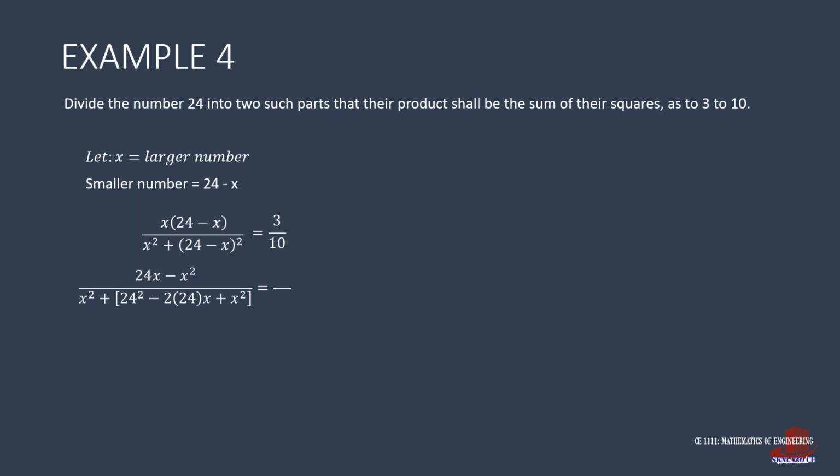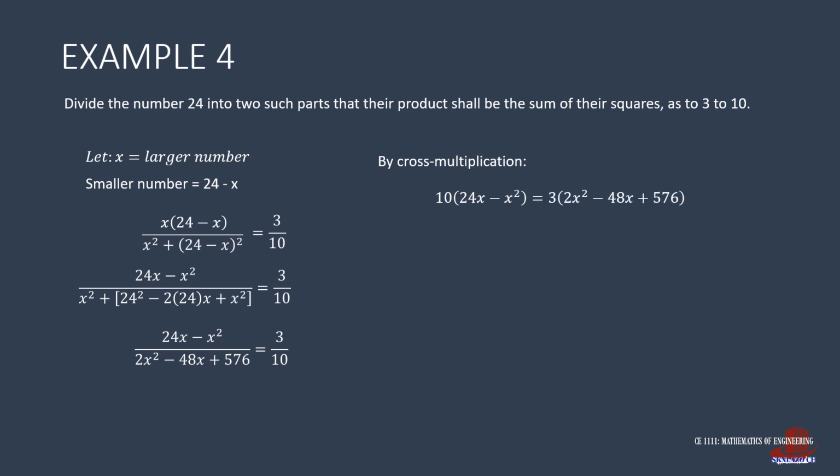Expand the terms and get 24x minus x squared over x squared plus 24 squared minus twice of 24x plus x squared. This is simplified as 24x minus x squared over 2x squared minus 48x plus 576 as equal to 3/10. Cross multiply the terms and get 10 times 24x minus x squared as equal to thrice of 2x squared minus 48x plus 576.